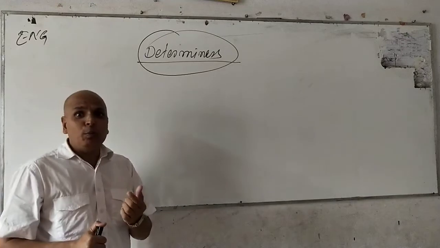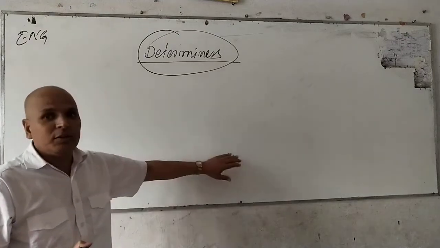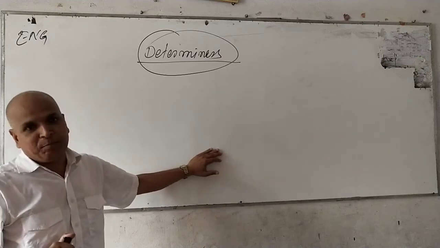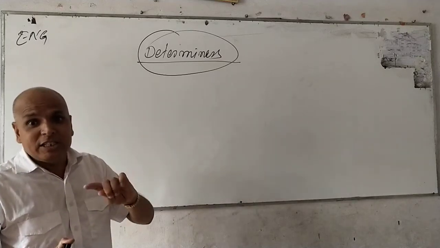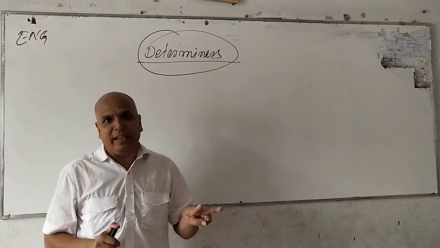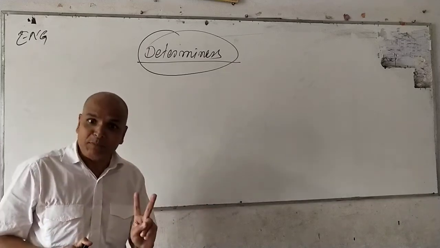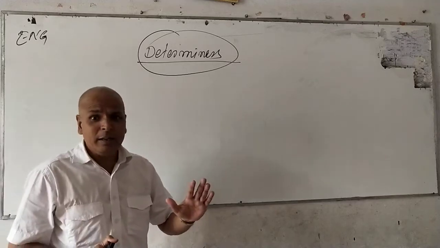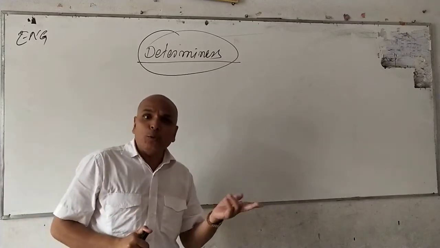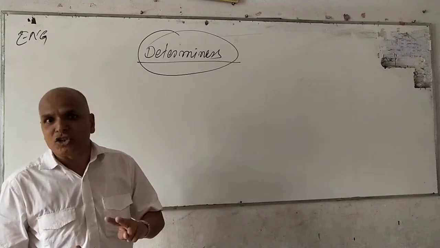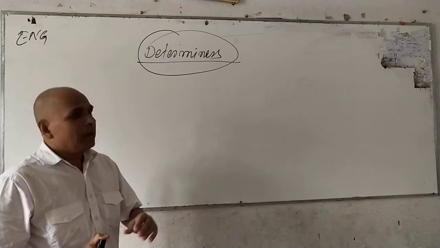The second doubt presented by you is: what is the difference between contrast and difference? Difference is created between two different things, but contrast is the difference within the same thing. So here determiner is a part of adjective, and that's why we have created the contrast, not the difference.